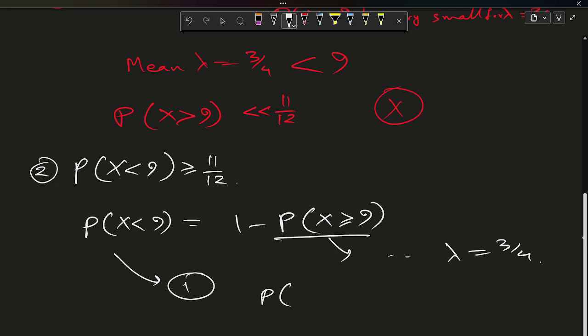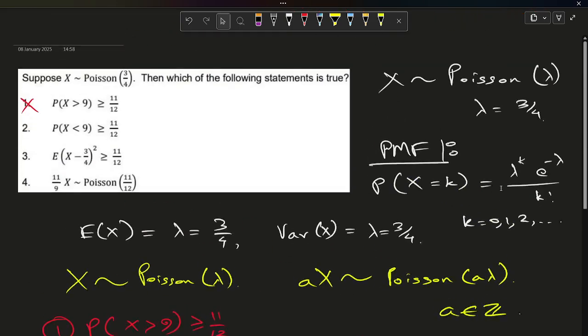So this will be greater than 11 by 12. So this statement is true, and option B is true here.